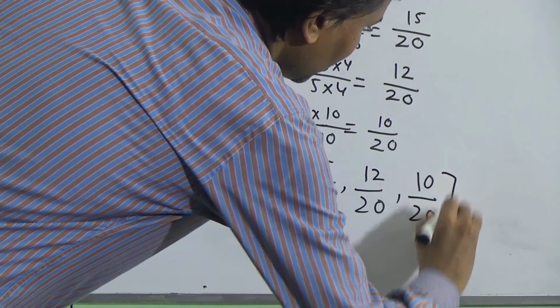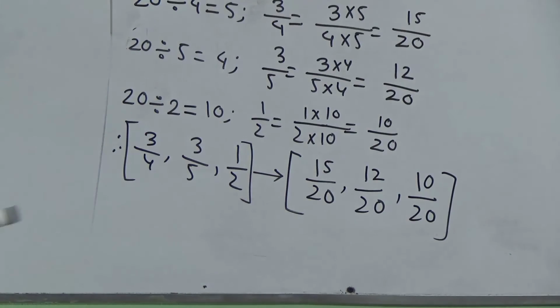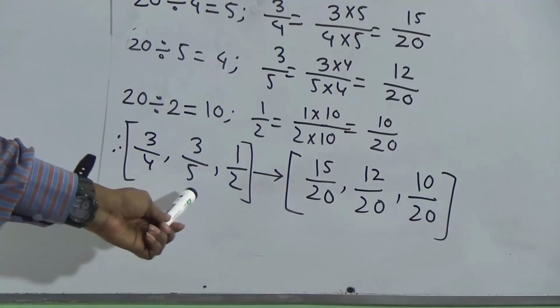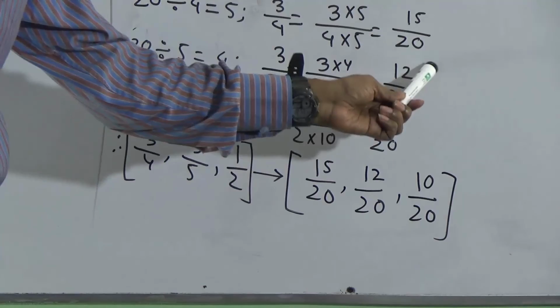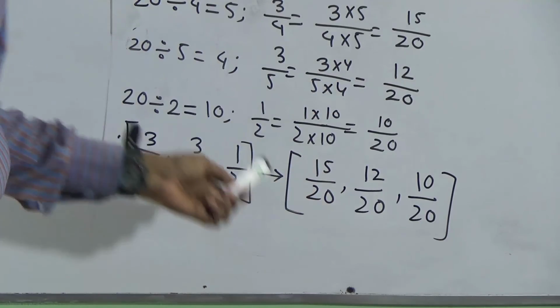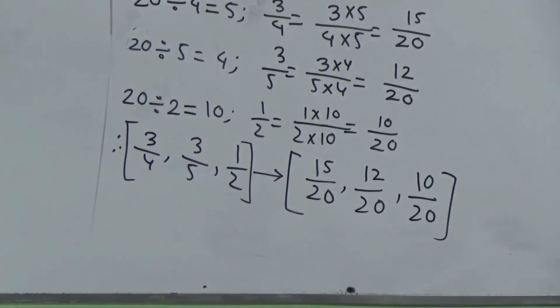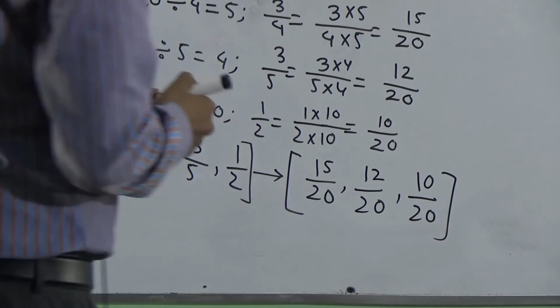Okay. Look, 3 by 4 means what? 15 by 20. 3 by 5 means 12 by 20. 1 by 2 means 10 by 20. Okay. Now we have to write the answer. Okay, dear student.